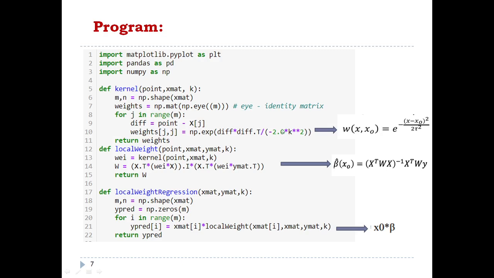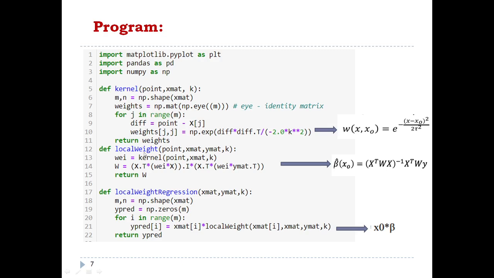This is the same formula we are writing in this format. Here it calculates the weights of each data point from the bill amount, and after calculating, it returns the weights.